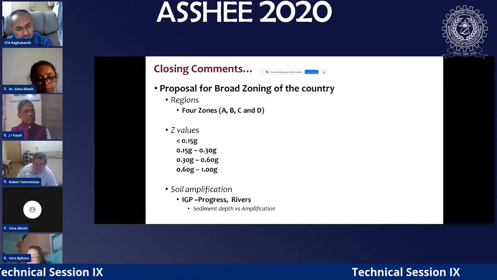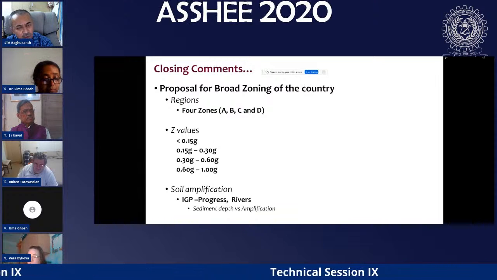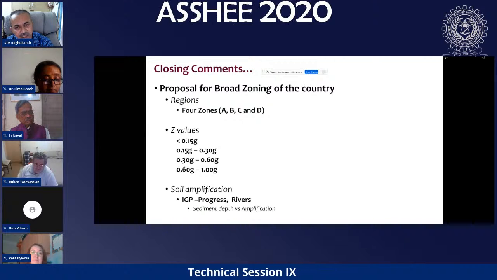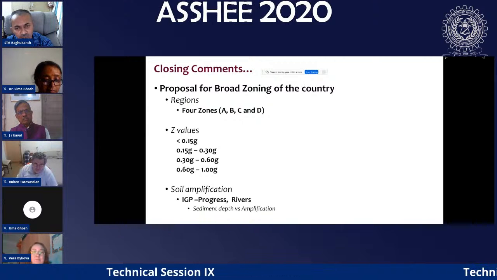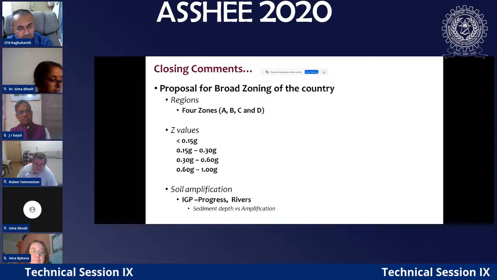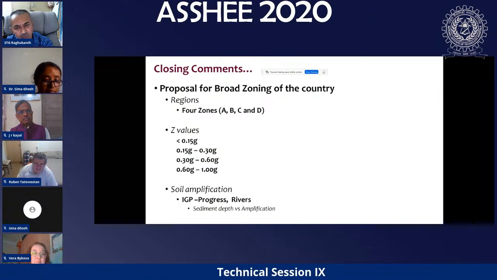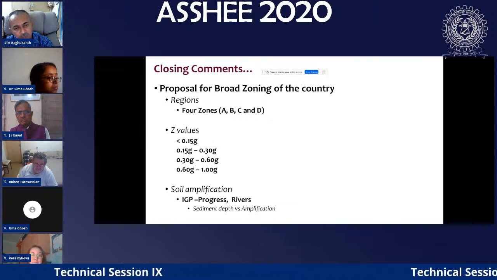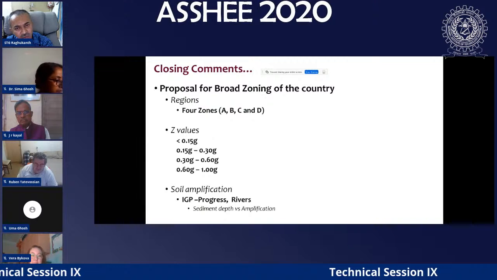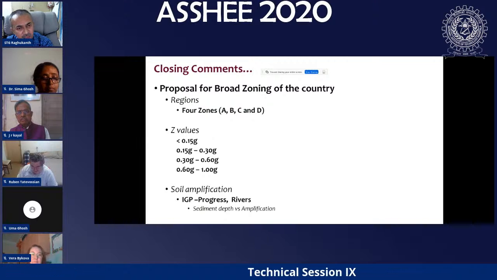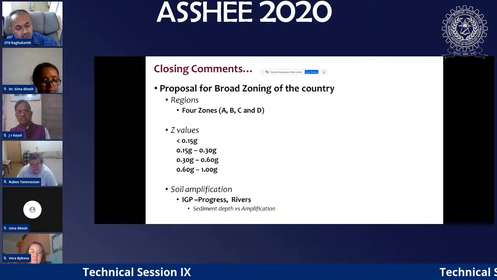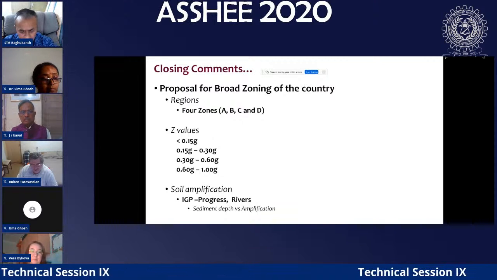In Calcutta, that basin may have 10 kilometer of sediment depth. So VS30 is very poor. What the committee says is, we should have sediment depth versus amplification. If I know the depth of sediments at my site, we may give some type of charts, where depending on your sediment depth, you can choose your amplification also. This work is under progress right now.